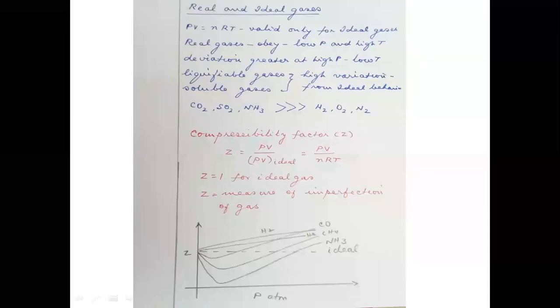And also, this deviation is much more in the case of gases which are easily liquefiable and which are easily soluble in liquids. Say for example, carbon dioxide, sulfur dioxide, ammonia, these are all easily liquefiable gases.